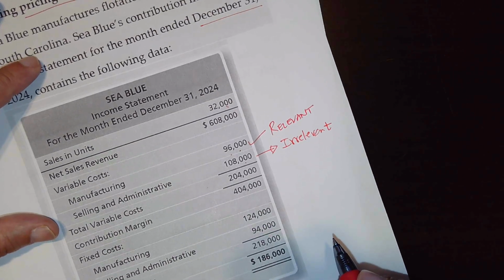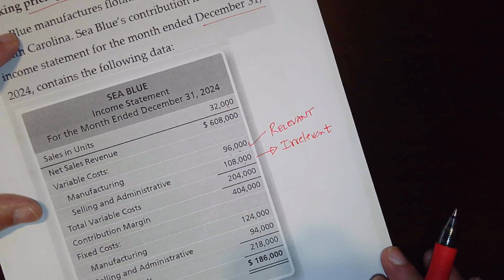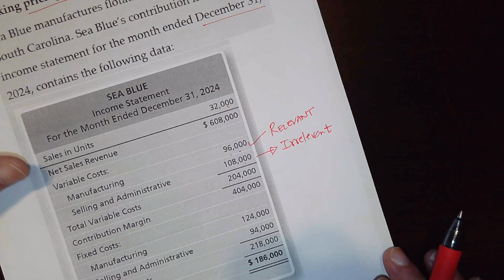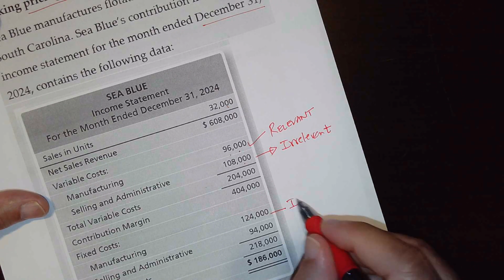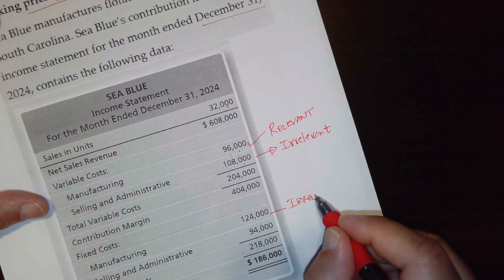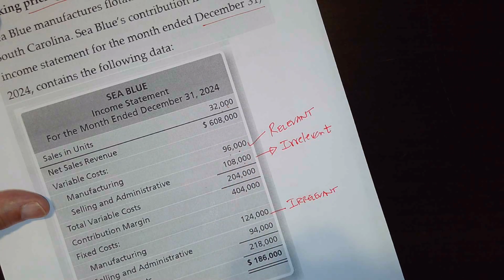And it says manufacturing fixed cost, which is $124,000. This is irrelevant because it's a fixed cost whether you make 32,000 units, less than 32,000 units, or more than 32,000 units.